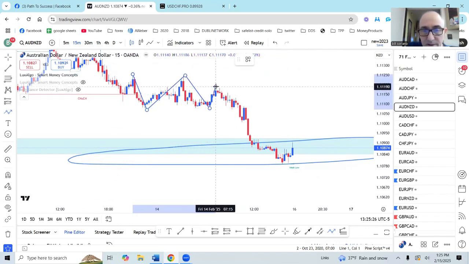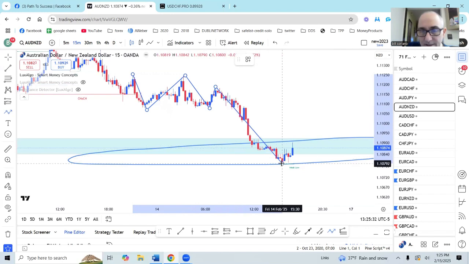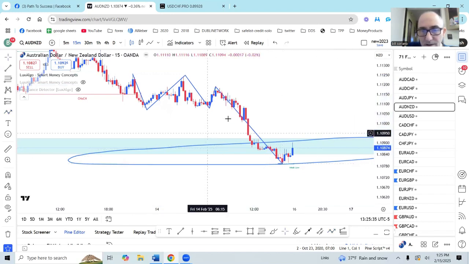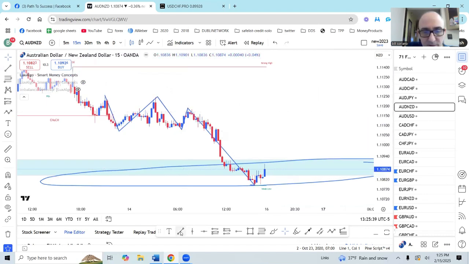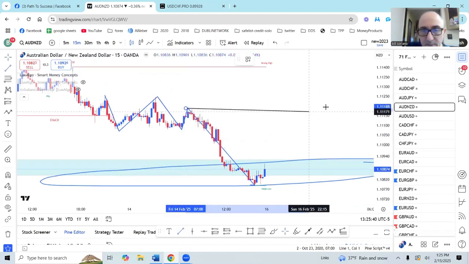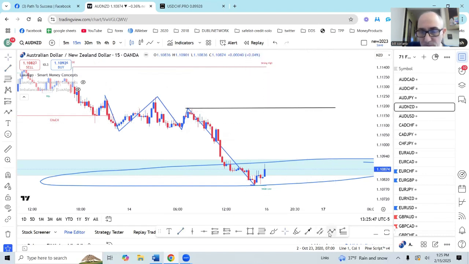Down to here. Now here, there's no pullback. So to me, this comes all the way down. If I'm looking for a change of character here, I'm looking for price to come all the way up here and break this high. So that's what we need this week.